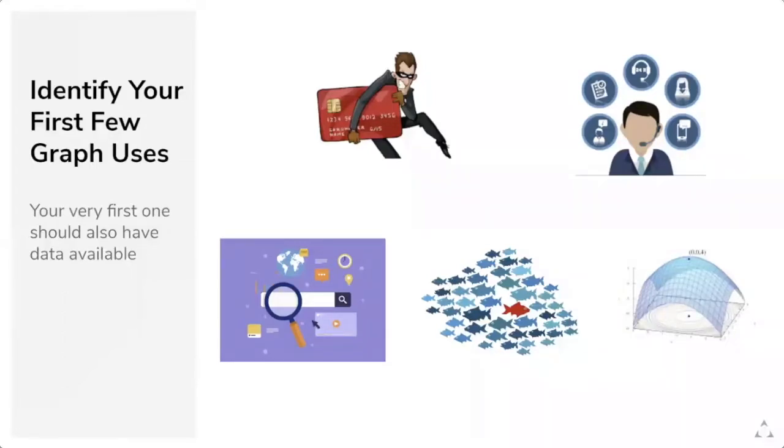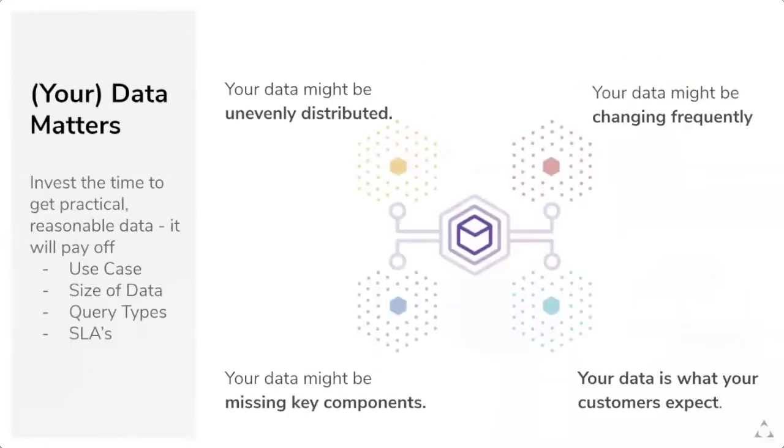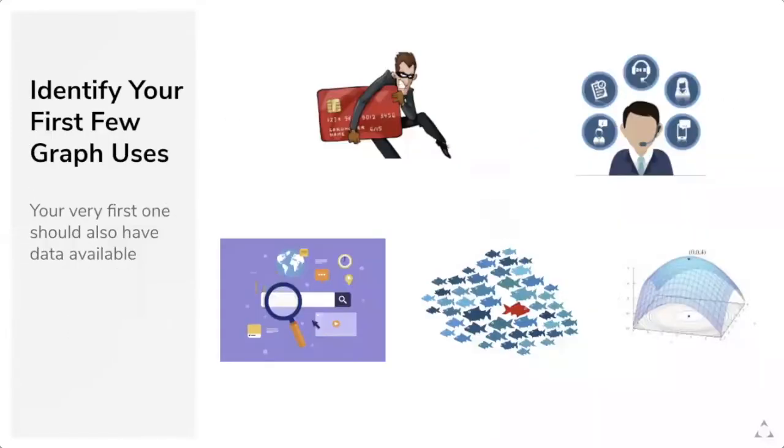So probably you've already got this part figured out. We would also suggest at the beginning, not only should you have your first couple of use cases figured out, but that you also have data sets and data selected for your very first one. Okay, next slide.